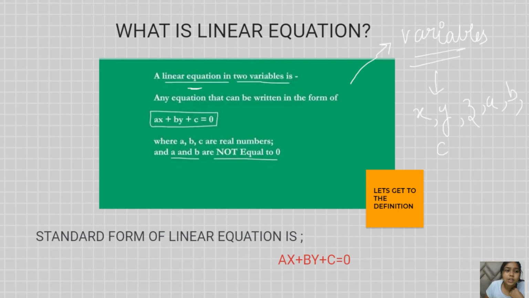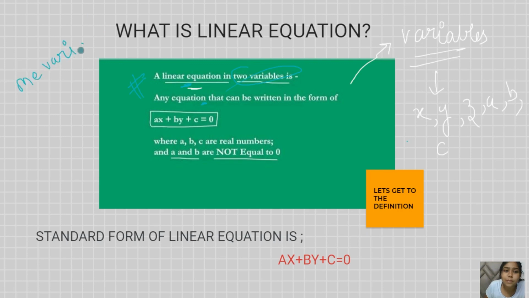These are what we call variables, which we put after the constant to make any algebraic expression. Basically, linear equations are those equations which involve variables. But do not misinterpret: a linear equation does not always involve two variables. It can also involve one variable within it.